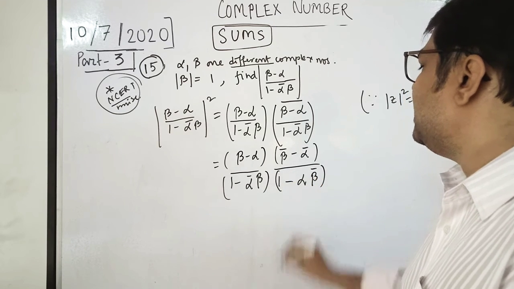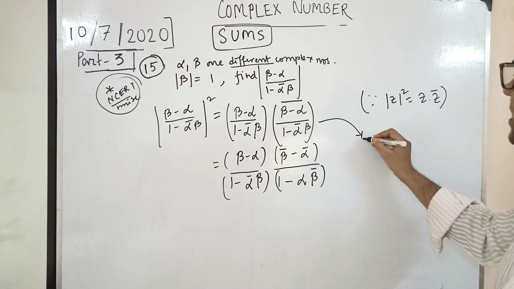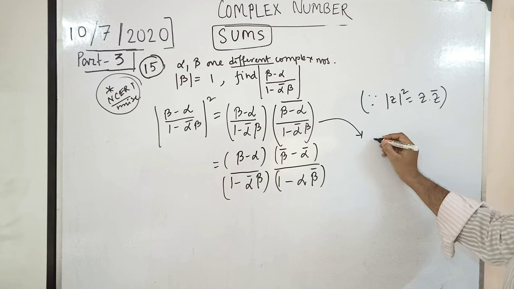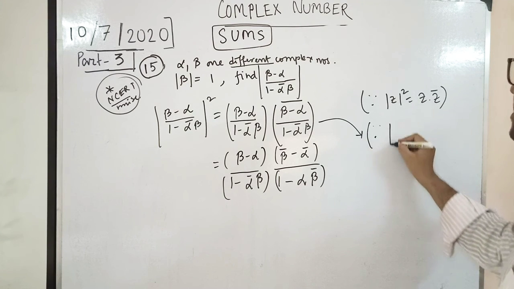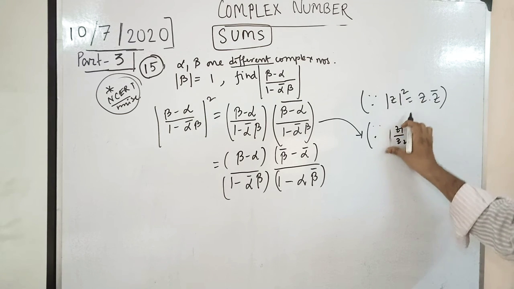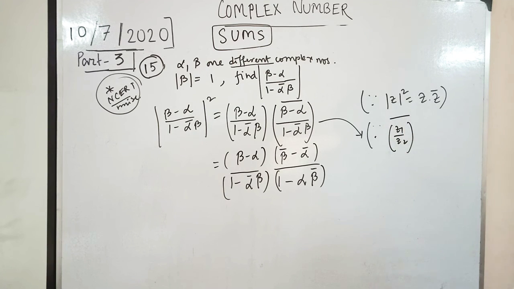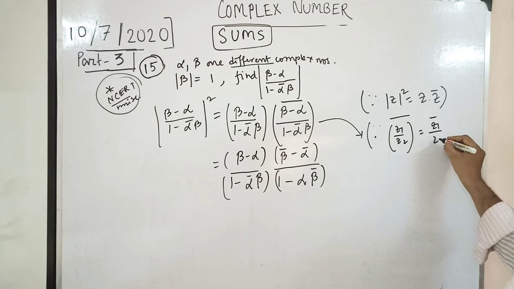So what exactly did I do? Since this is a whole bar, if I apply this property, that means Z1 by Z2 whole conjugate will be Z1 conjugate by Z2 conjugate.